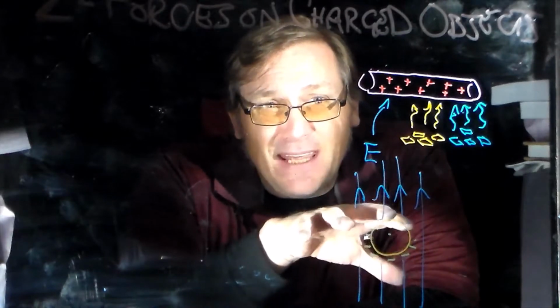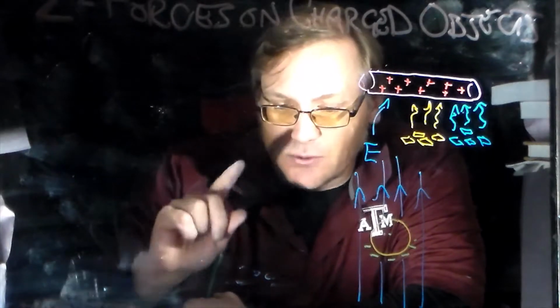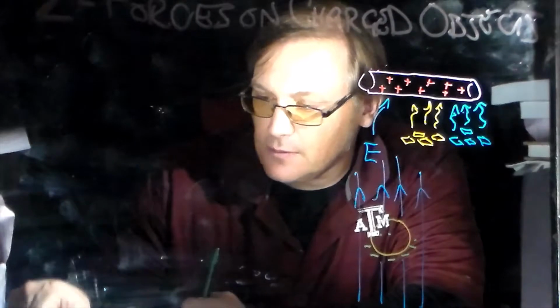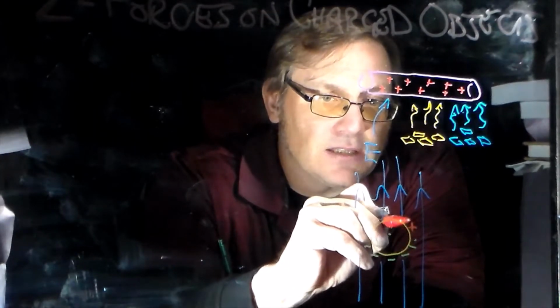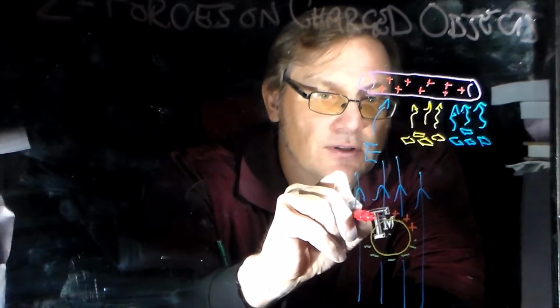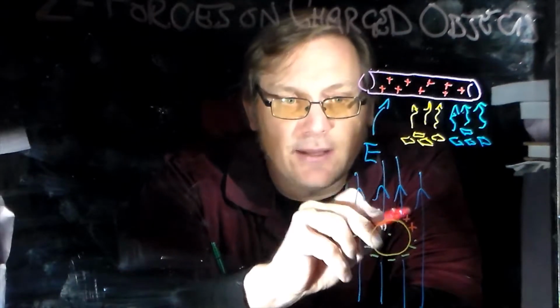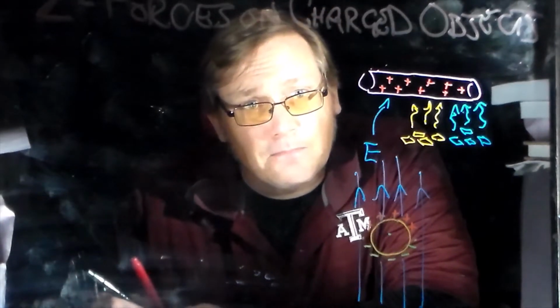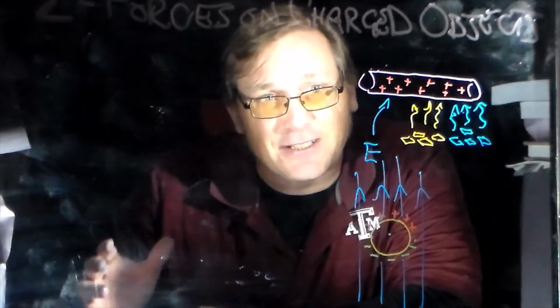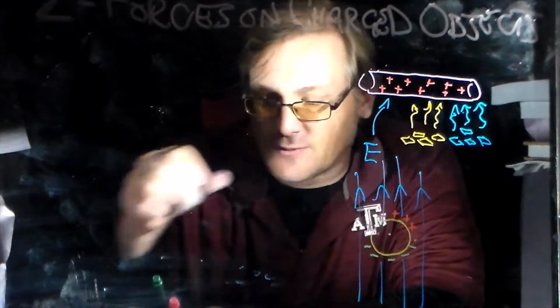And that means that in this neutral piece of gold, there's going to have to be positive charges where all those negative charges came from, right? So the total amount of charge has to be sort of the same. The total amount of charge has to be 0, right?